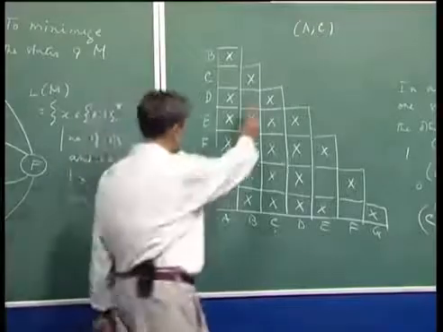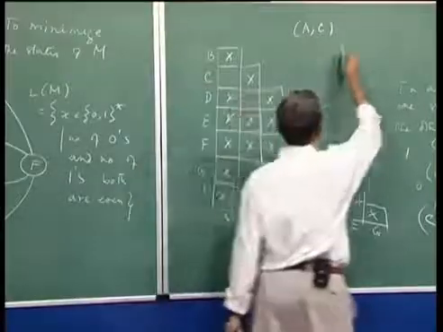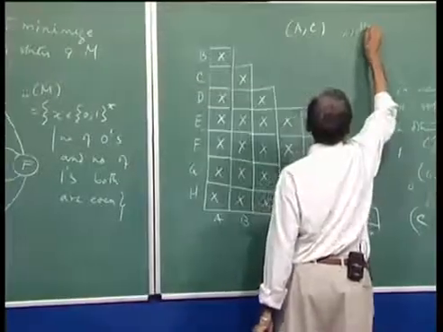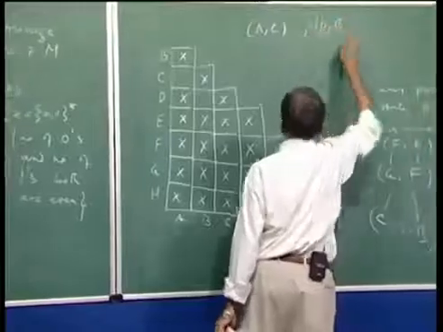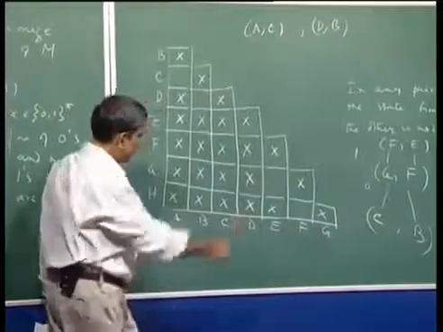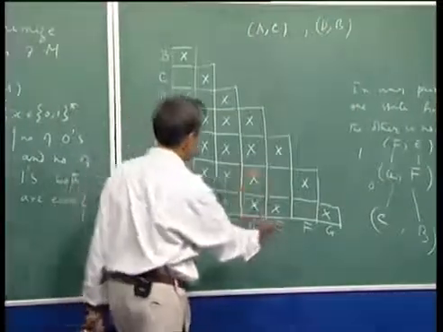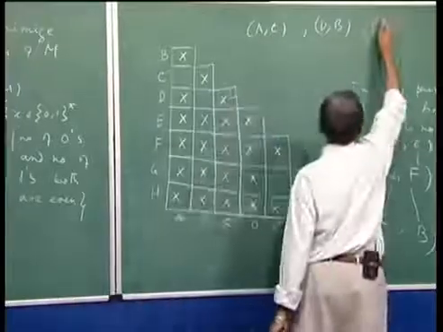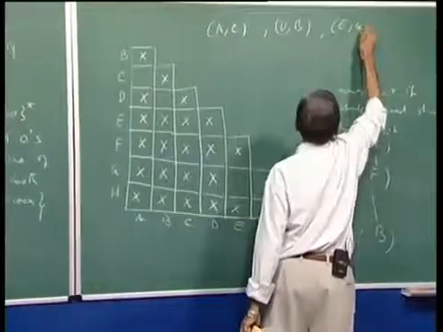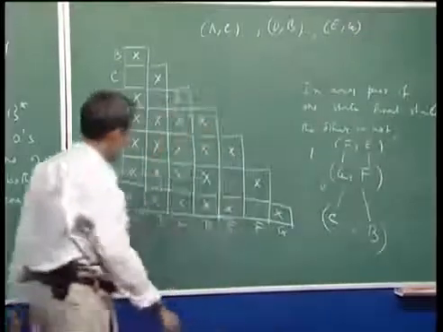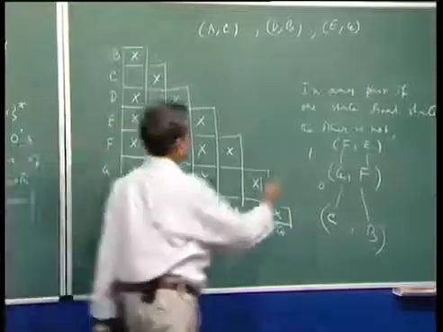Similarly, I know D and B are not distinguishable, and here it shows E and G are not distinguishable, and F and H are also not distinguishable.